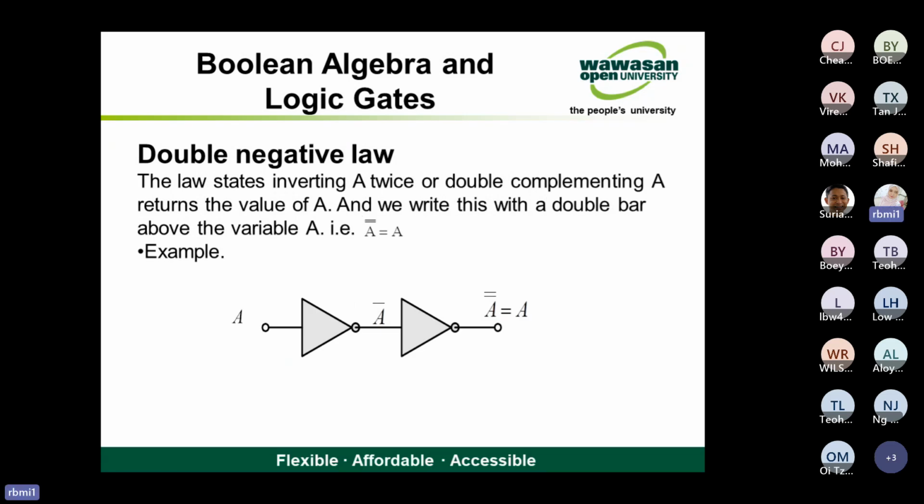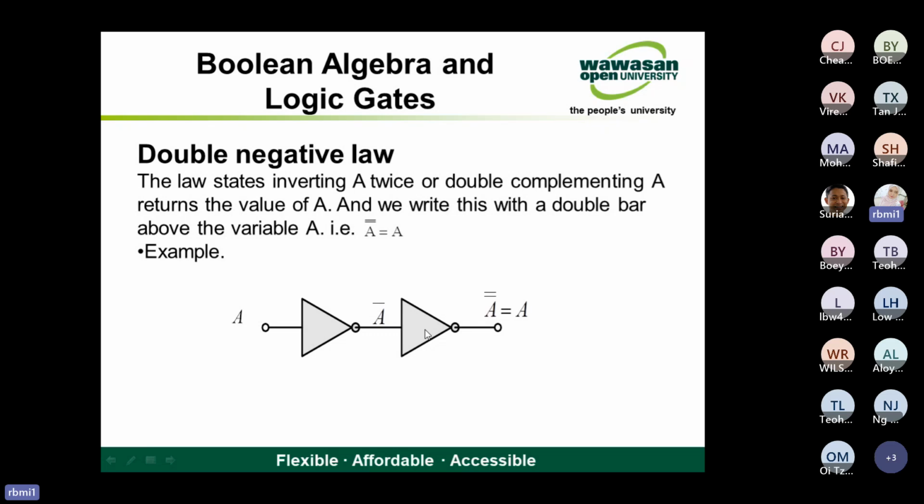Next one, we have the double negative law. For the double negative law, we can use 2 inverters, meaning that we can get the original condition back. We do the double negative law using 2 NOT gates.